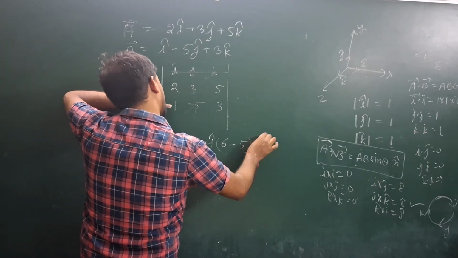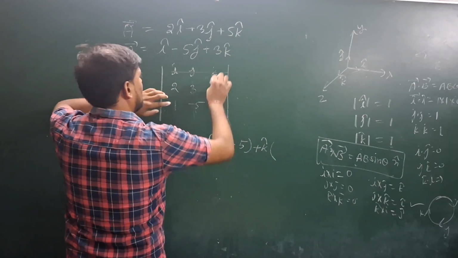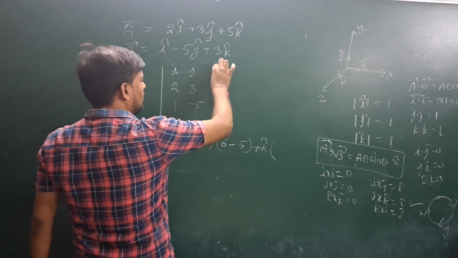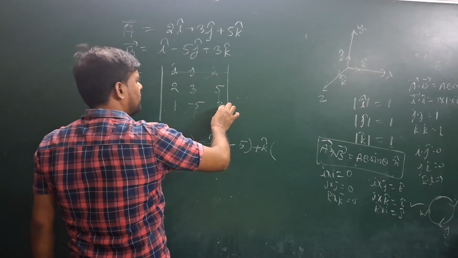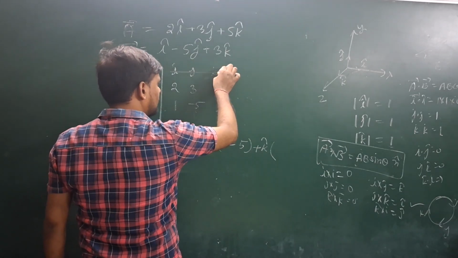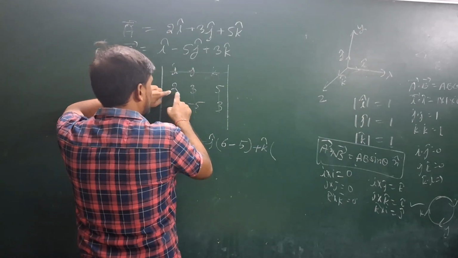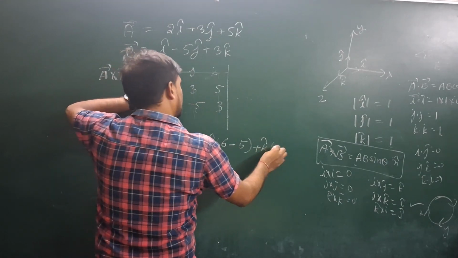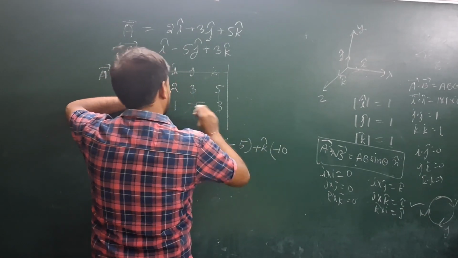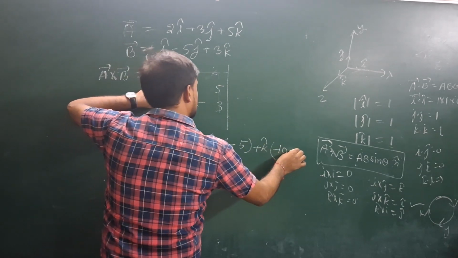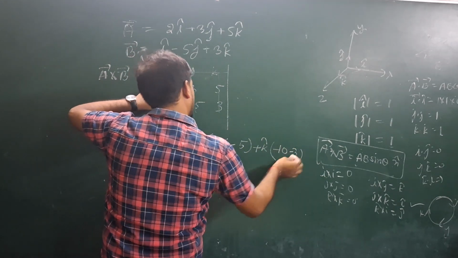And plus k: we remove the row and column of k, and we get 2 times minus 5 is minus 10 minus 3 times 1 is 3.